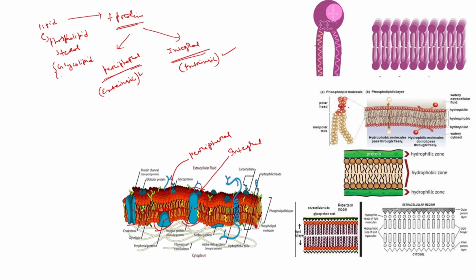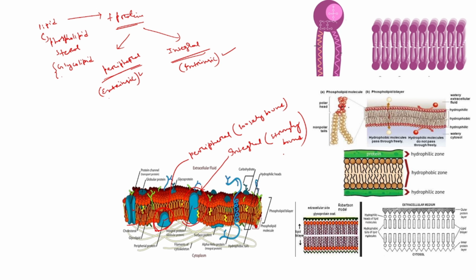Because the peripheral protein is present only at the outer side, it binds the lipid membrane very loosely. And the integral protein, because it is already buried in the middle of the bilayer, is strongly bound to the lipid bilayer.